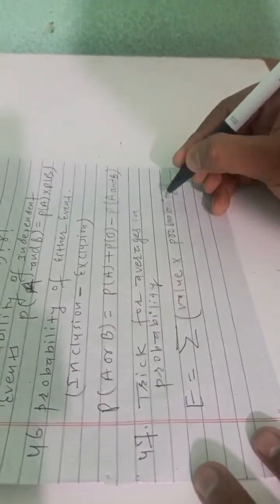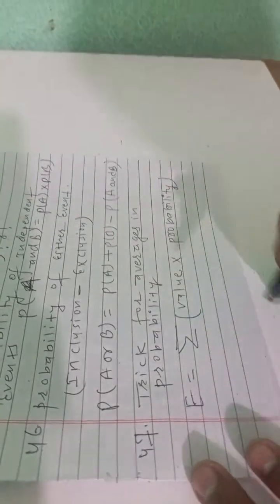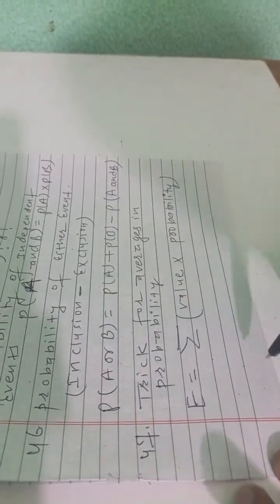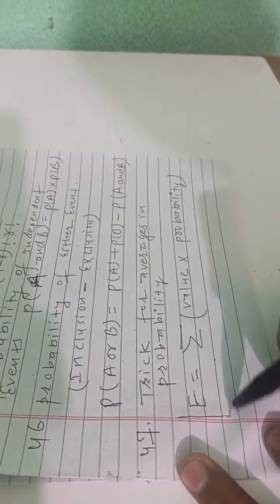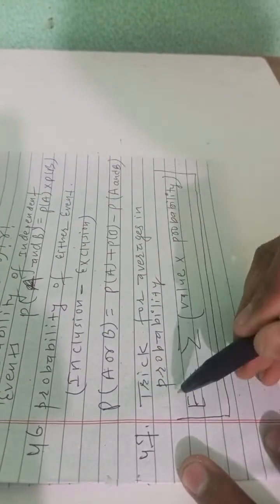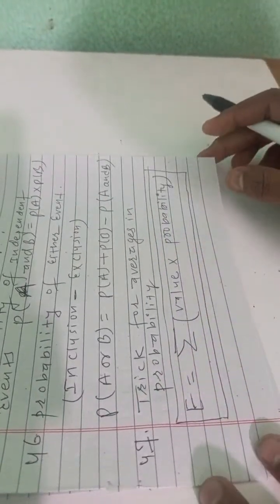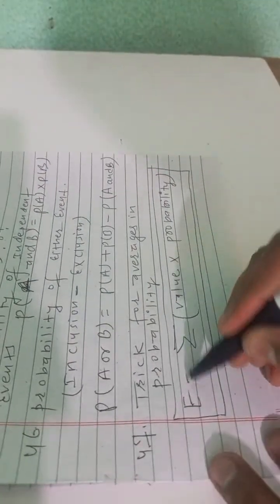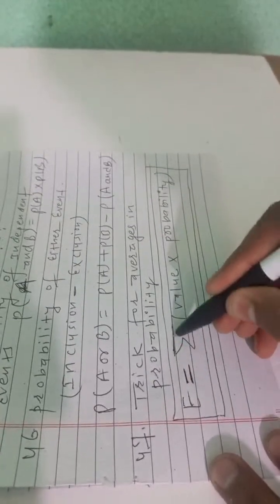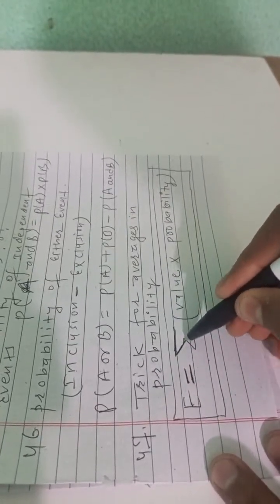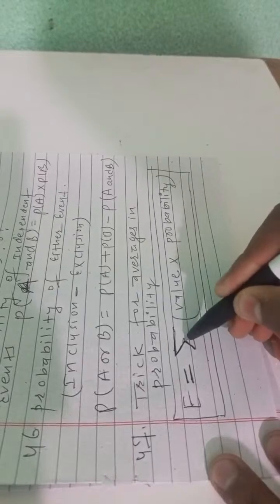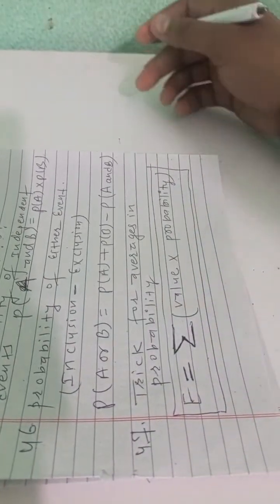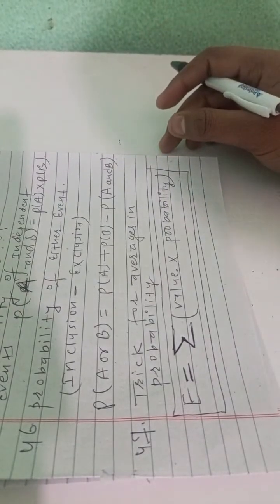You have to understand this formula. This is the most important formula that you will never find in any book. You have to search many, many times, then you will get the trick for average in probability.